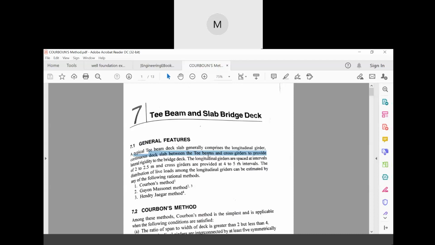The longitudinal girders are spaced at intervals of 2 to 2.5 meters and cross girders at 4 to 5 meters. The distribution of live loads among the longitudinal girders can be estimated by three methods.